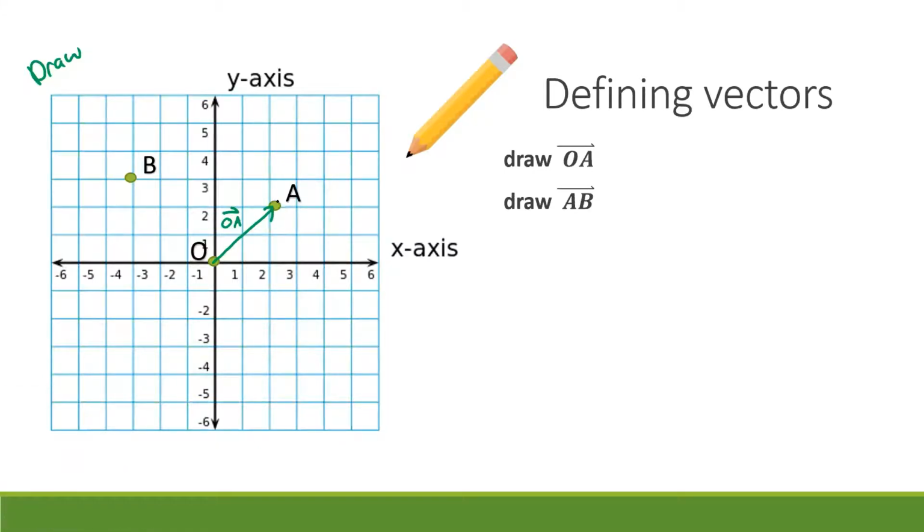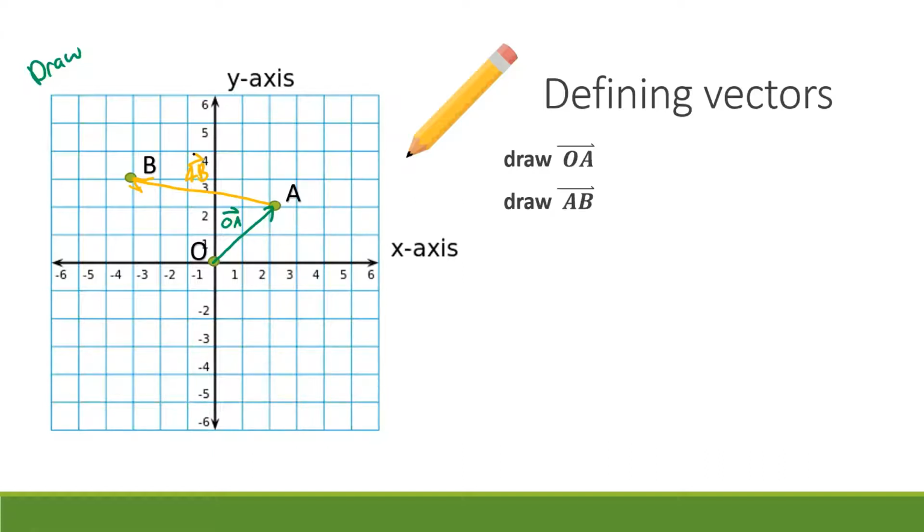Vector AB is going to look like this. And it's the vector that connects A to B.